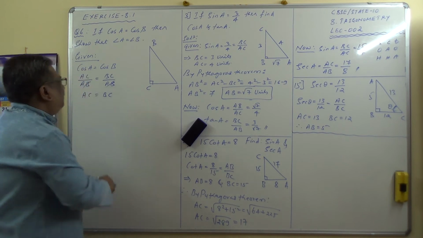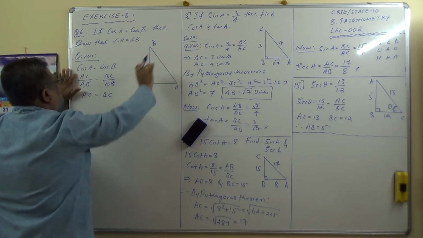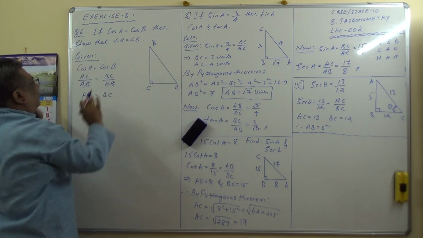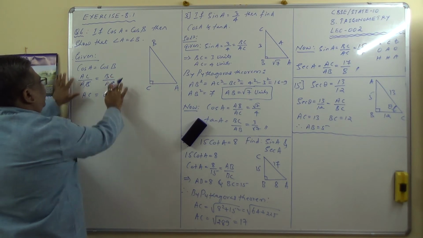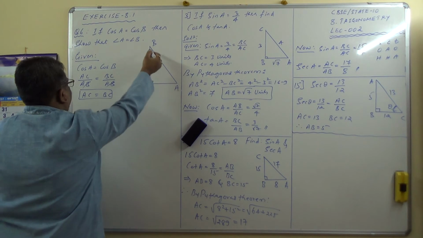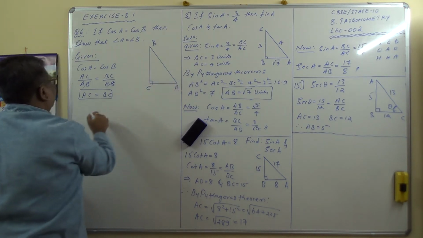Okay, no problem. Once again, cos of A equals adjacent by hypotenuse, AC by AB, and cos B equals BC by AB. Fine. AB cancels, AC equals BC here. Is it right? So, if AC equals BC, then can I write angle A equals angle B?